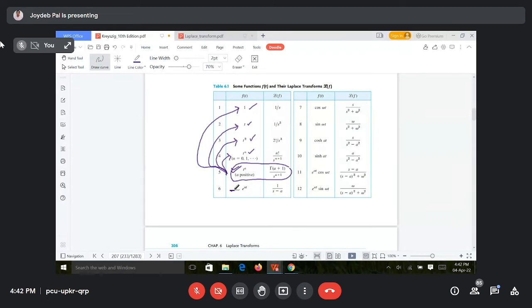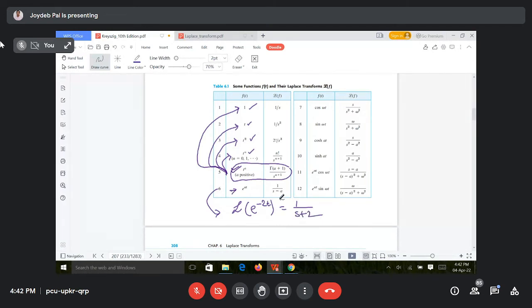And that is another type of function, e to the power at. Laplace transform of e to the power at is 1 by s minus a. Now here a may be positive, a may be negative also. Now think, if it is asked Laplace transform of e to the power minus 2t, then it will be 1 by s plus 2, correct?